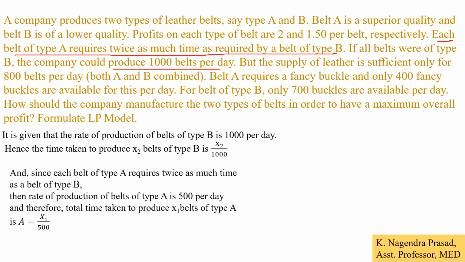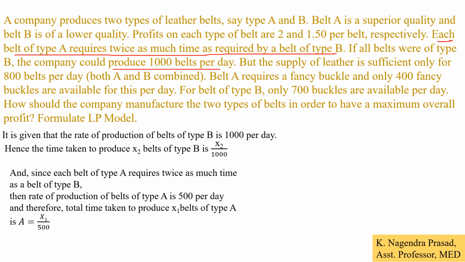And since each belt of type A requires twice as much time as a belt of type B, the rate of production of belts of type A is 500 per day, and therefore the total time taken to produce x1 belts of type A is x1 by 500.